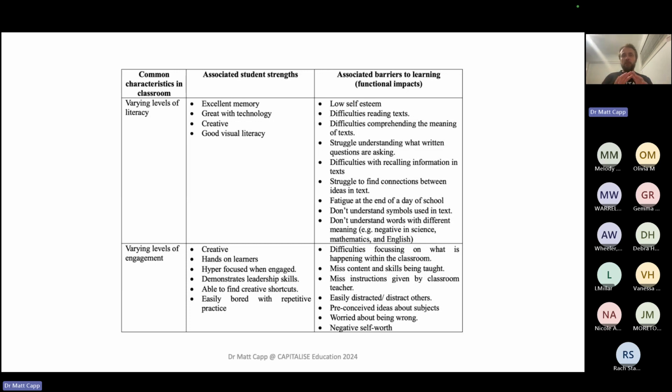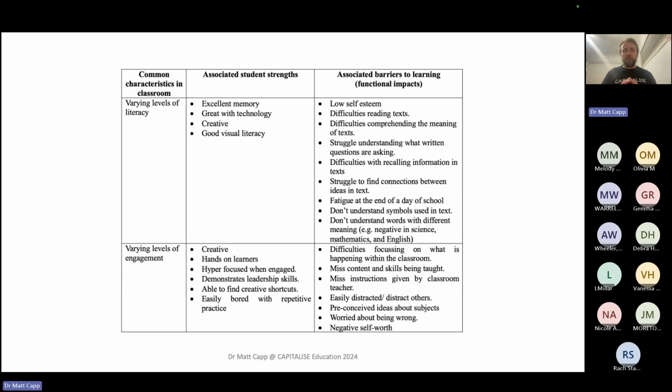And you can see what we've done now is we've moved from those common characteristics. We think about those groups of kids. What are the strengths we see in those kids? And then what are those barriers to learning or functional impacts that block them from accessing the learning process? So we would do this for a whole class because it helps us target our pedagogy at that tier 1.